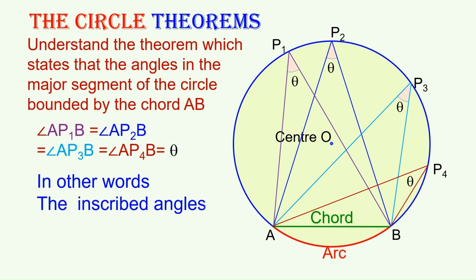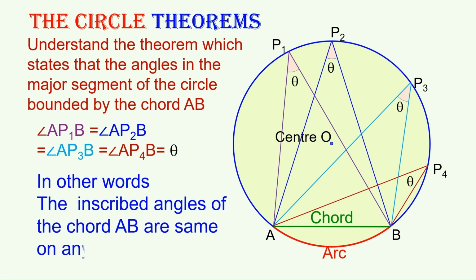In other words, the inscribed angles of the chord AB are the same at any point on the circle.